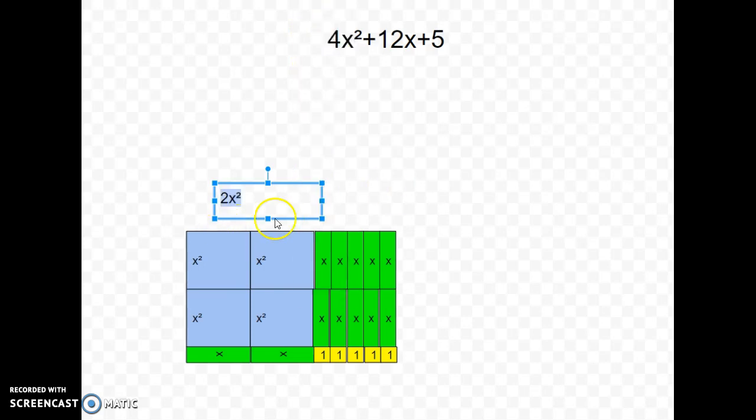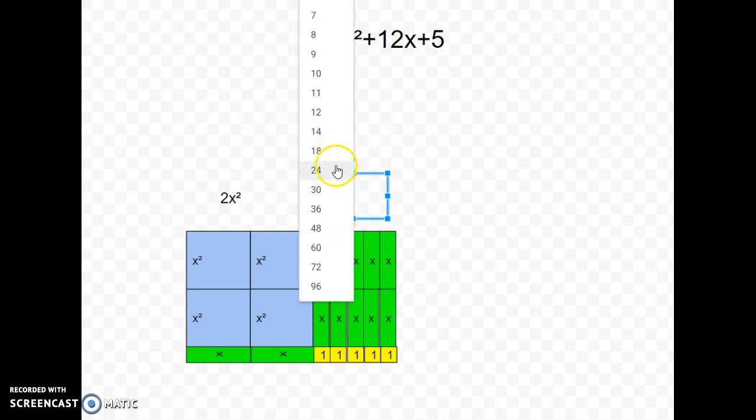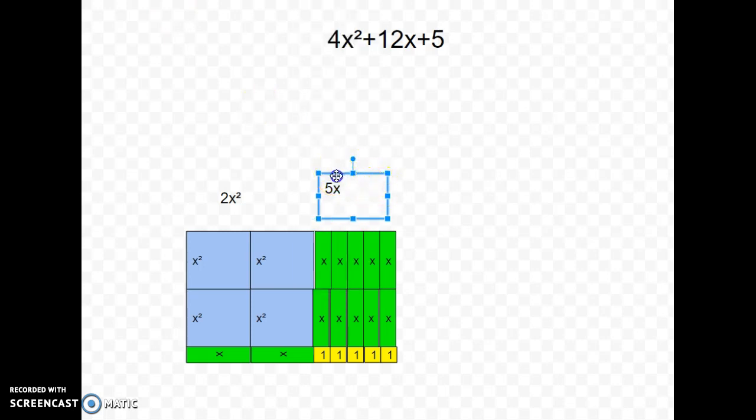Okay. And then over here, we have 1, 2, 3, 4, 5 x's. So we put 5x. Okay, you kind of see what we're doing here.